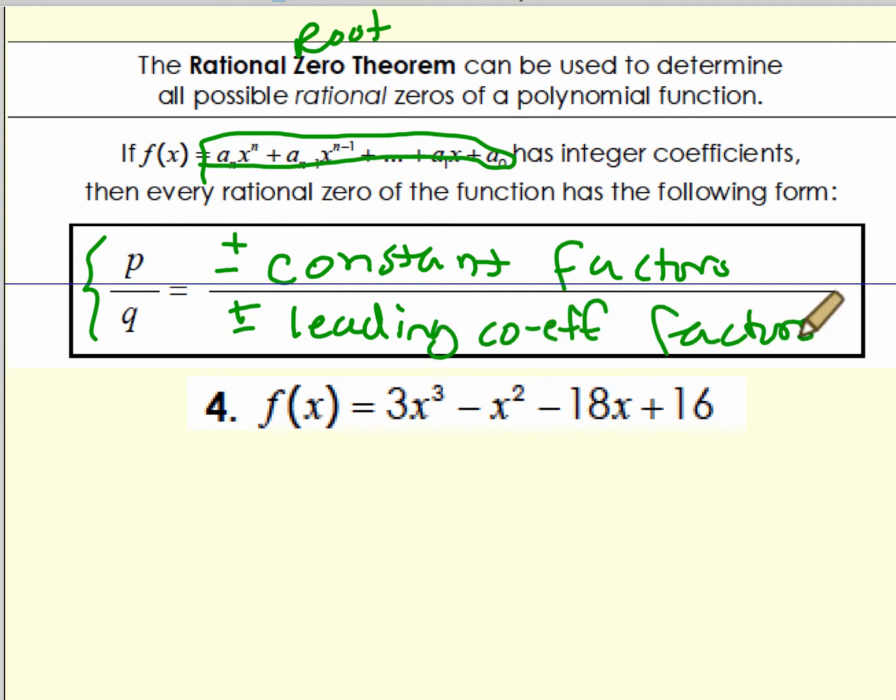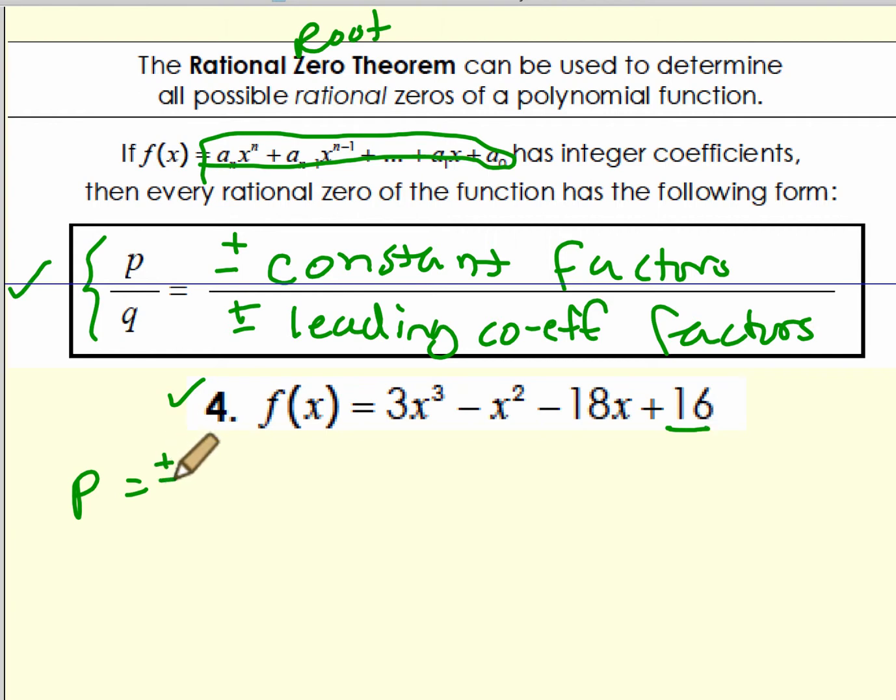Now it doesn't mean that they definitely are going to be zeros, but it says that if there is going to be a rational zero, it has to come from this list. And now remember, it's a combination, so let's go ahead and look at how this works. So p in this one is 16.